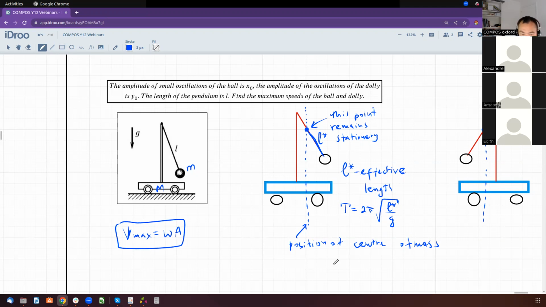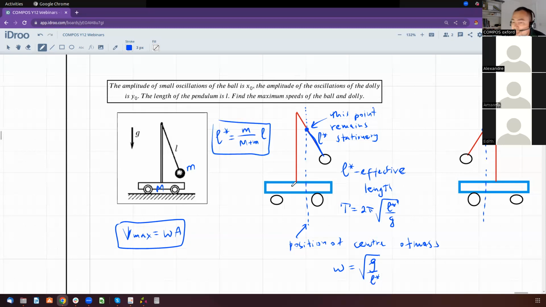Omega is the square root of g over L, and L is a fraction of the whole length. So it's going to be M over M plus m times L, I believe, so L star.